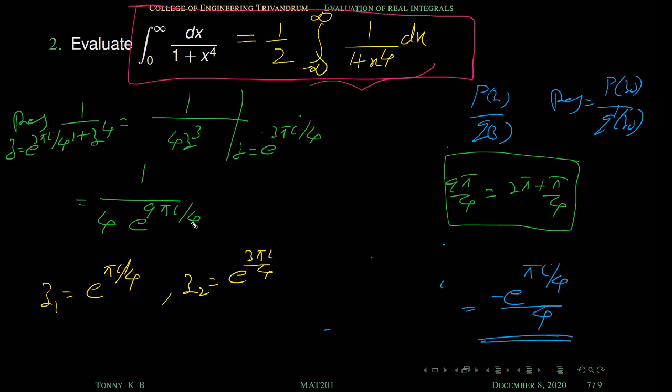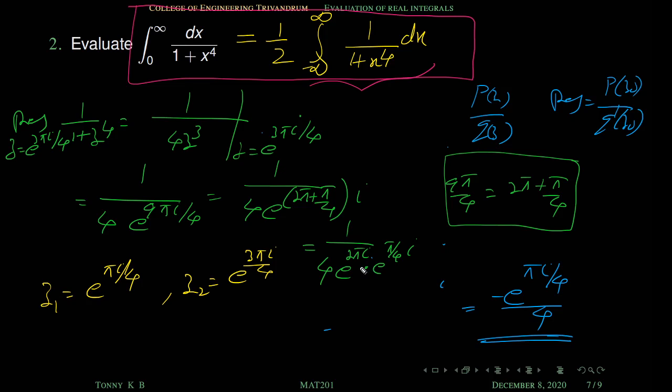And what about this 9 pi I by 4? We know that 9 pi by 4 can be written as 2 pi plus pi by 4. So this becomes 1 by 4 times e raised to 2 pi plus pi by 4 times I. So this is equal to 1 by 4 times e raised to 2 pi I into e raised to pi by 4 I. What about e raised to 2 pi I?